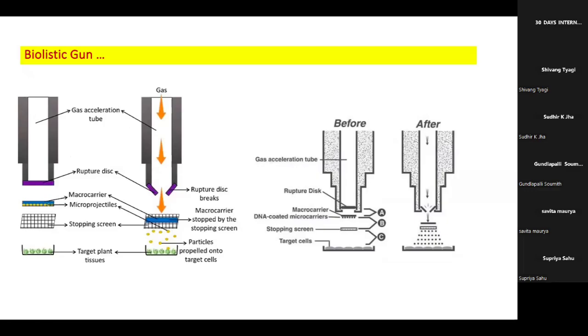So this macro carrier will not go up to the plant cells. Once it is stopped, the micro projectiles get separated from the macro carrier and go and hit the target plant tissues. So here you can see the gas has ruptured the rupture disk, the macro carrier was stopped by the stopping screen, and the particles were propelled further up to the target cells.